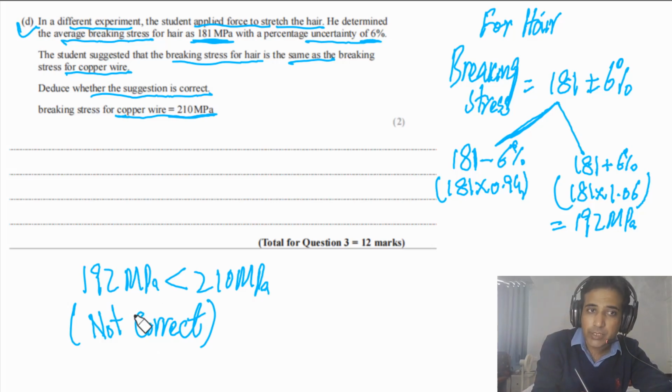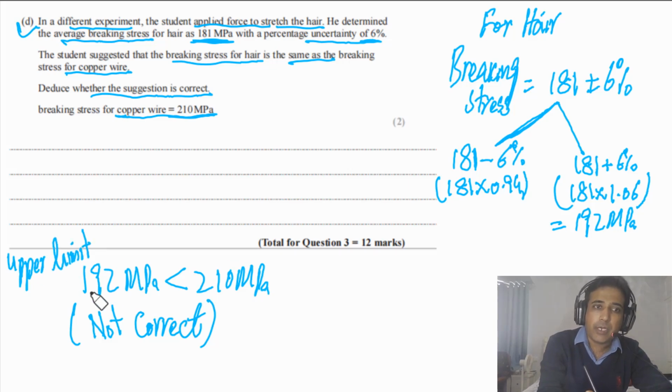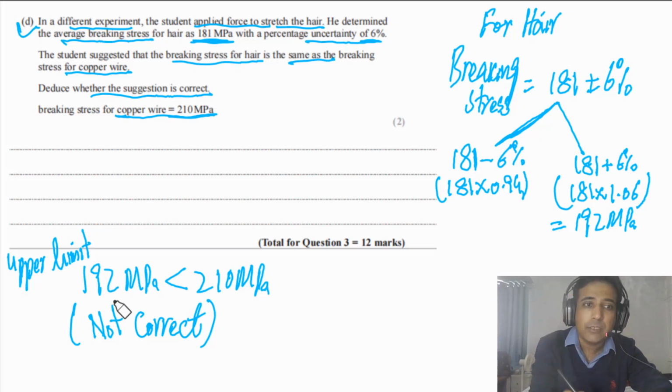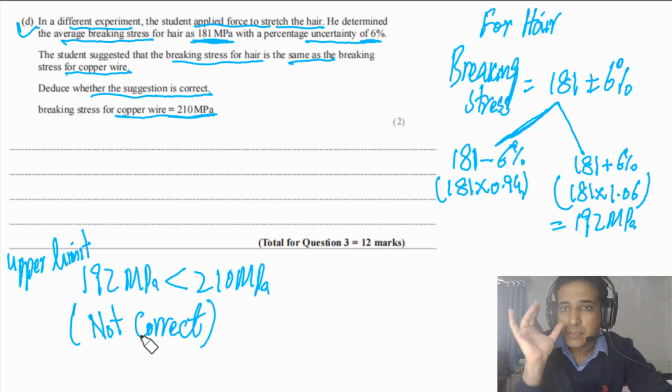So this is how you can answer. In the answer you can write that 192 megapascals is the upper limit, and the upper limit 192 is less than 210 megapascals, so the suggestion is not correct.